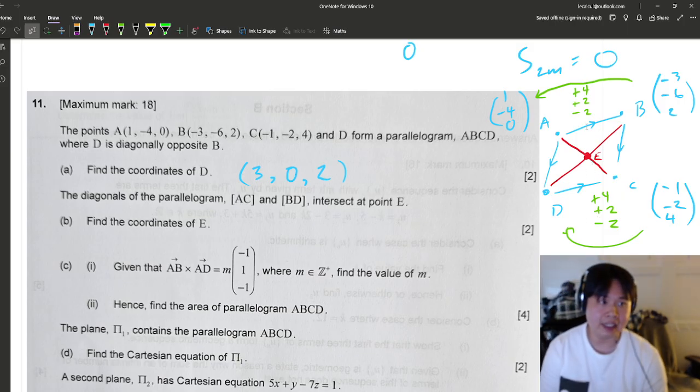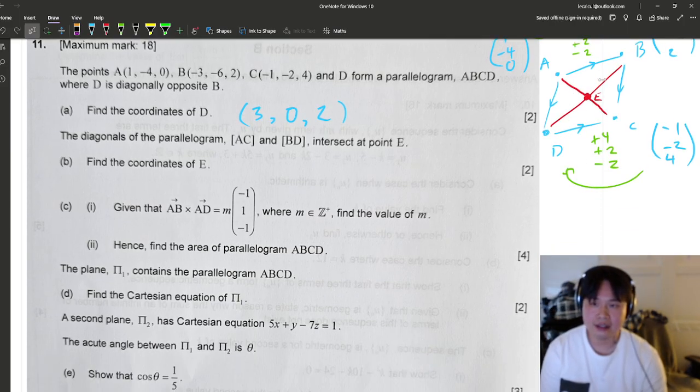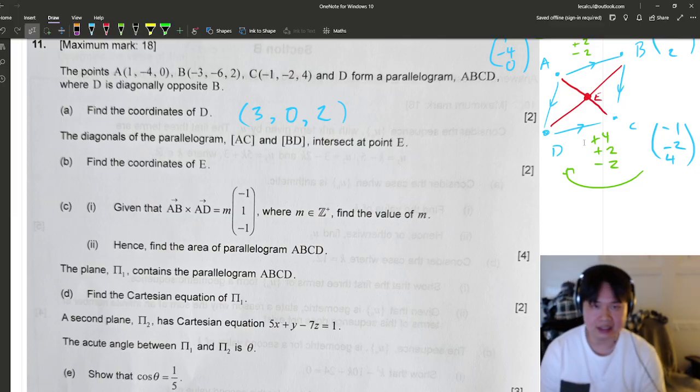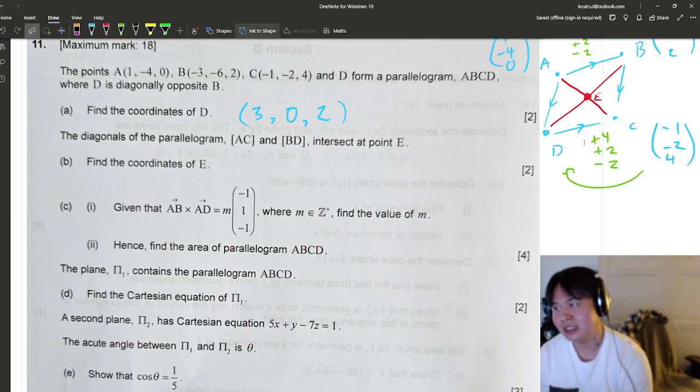You would need to find the vector equation of each diagonal, and then you solve it by making them equivalent. Or you can use the fact that it's a parallelogram if this is prior knowledge.